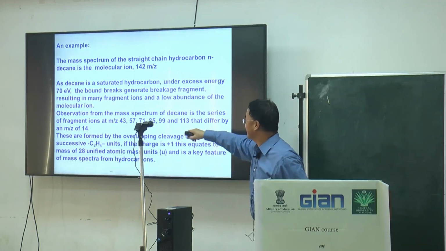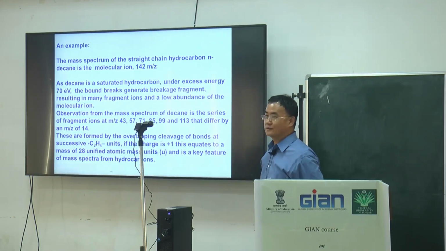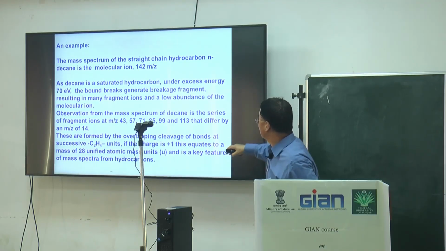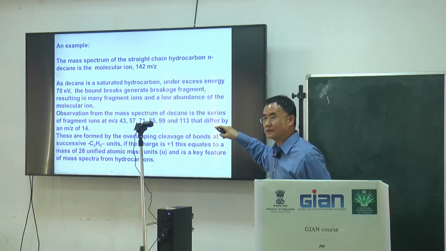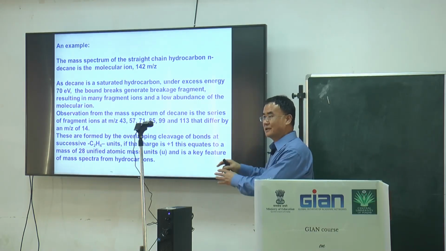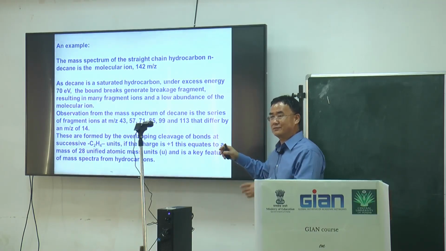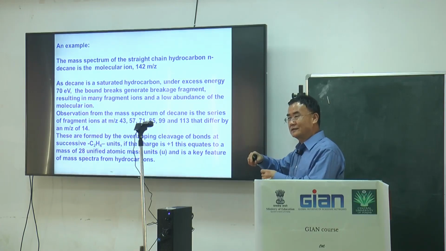Those increase step by step by 14 mass units, just because CH2 continues to increase. Initially they have a CH3, right? CH3, then CH2, because they are at the end, right? Yeah.